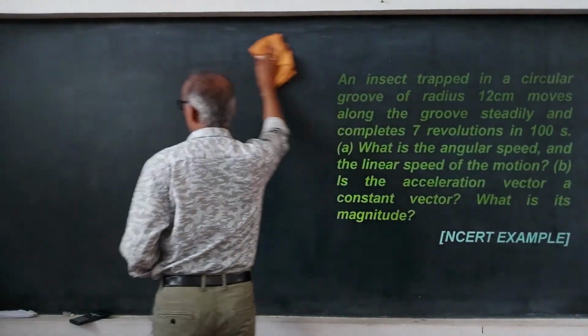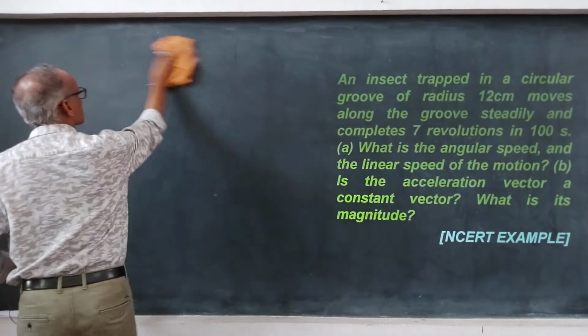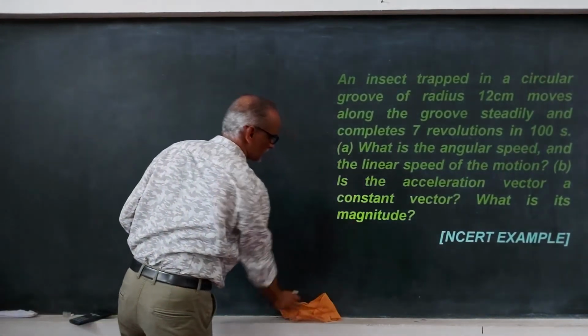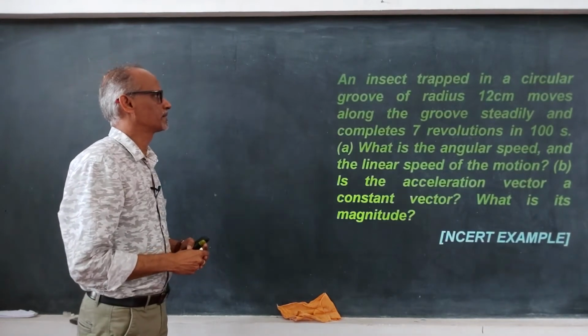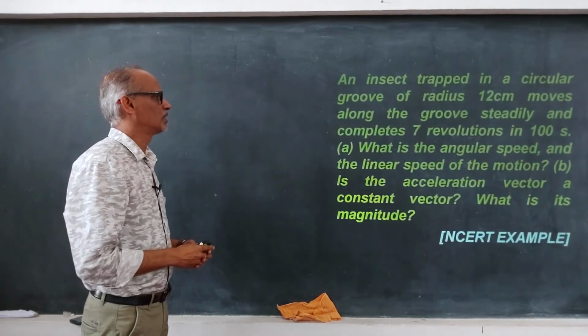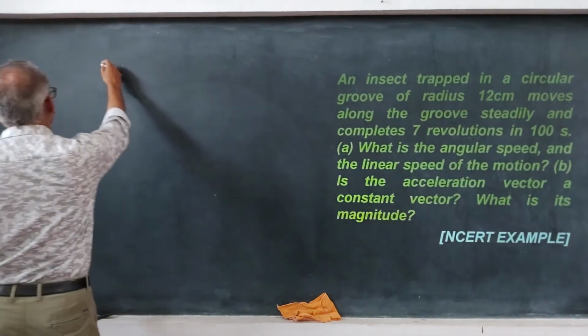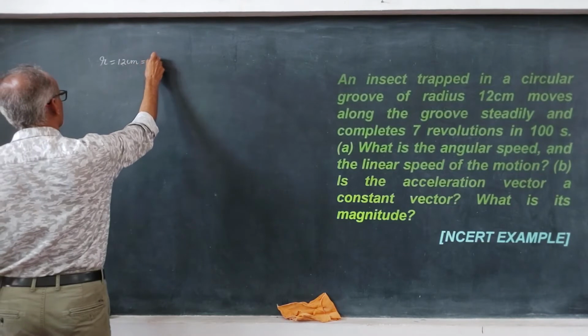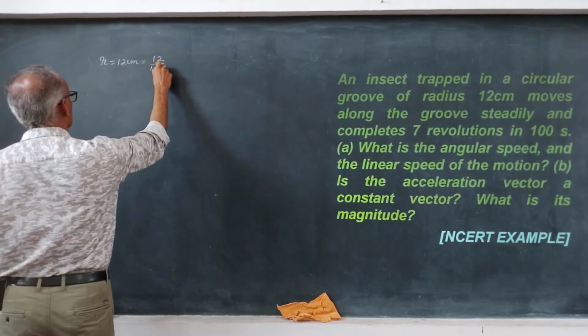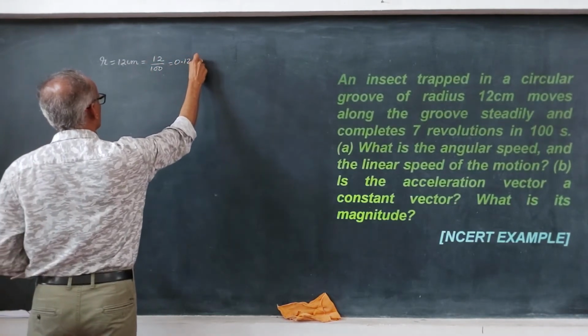So, go through the statement. The statement is, an insect trapped in a circular groove of radius 12 centimeter. So, the value of the radius is given, which is 12 centimeter. We have to do the conversion. Divide by 100, 12 by 100, which is 0.12 meter.